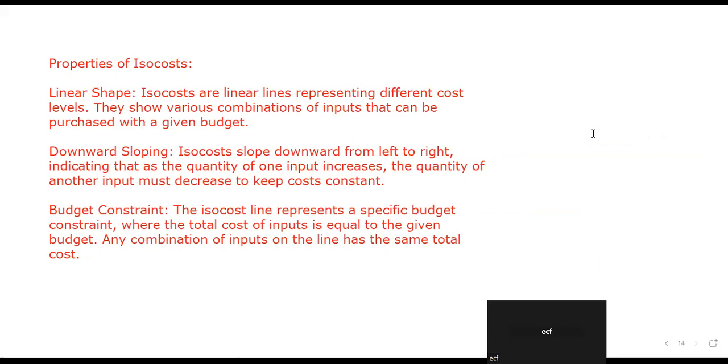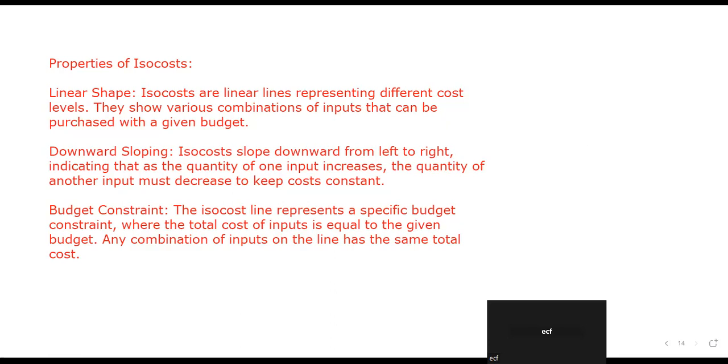Isocosts slope downwards from the left to the right, indicating that as the quantity of one input increases, the quantity of another decreases. Cost constraint: isocosts represent specific budget constraints where the total cost of inputs is equal to a given budget. The combination of the inputs on the line has the same total cost.